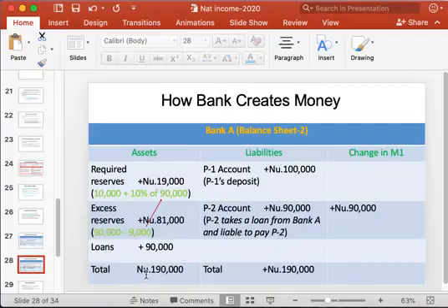And now if you total, you get 190,000 here and 190,000 here, same.